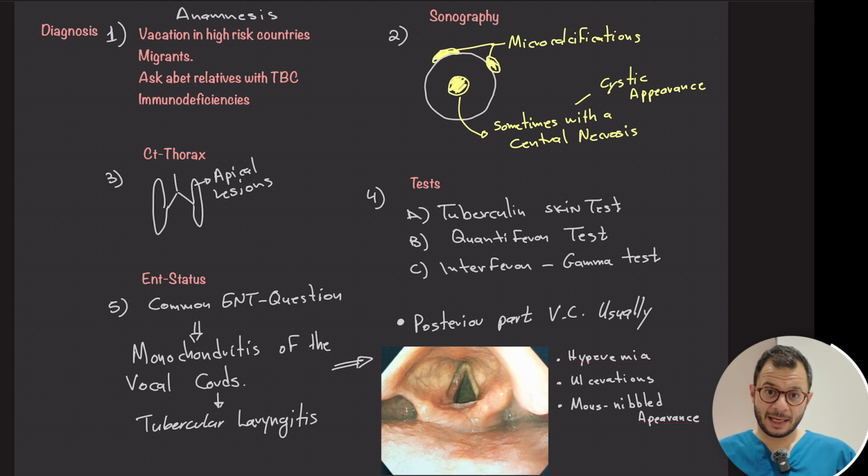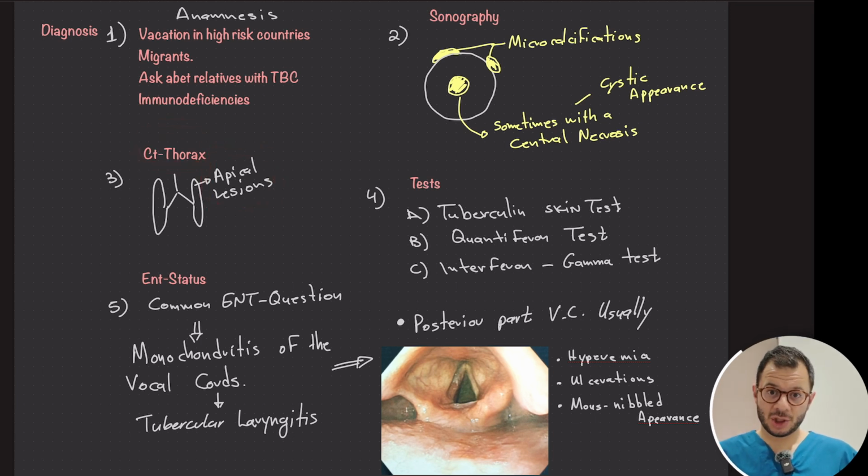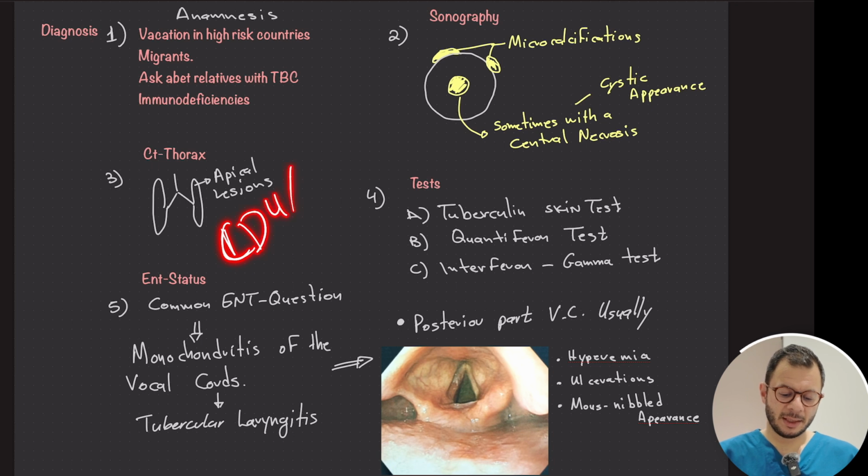Now, in the case that we suspect a TBC, a tuberculosis patient, we need to do a CT of the thorax. Here we can see the apical lesions, and also in conjunction with the pneumonologist, we can do a bronchoscopy with bronchial lavage and compare the CD4 plus CD8 ratio.